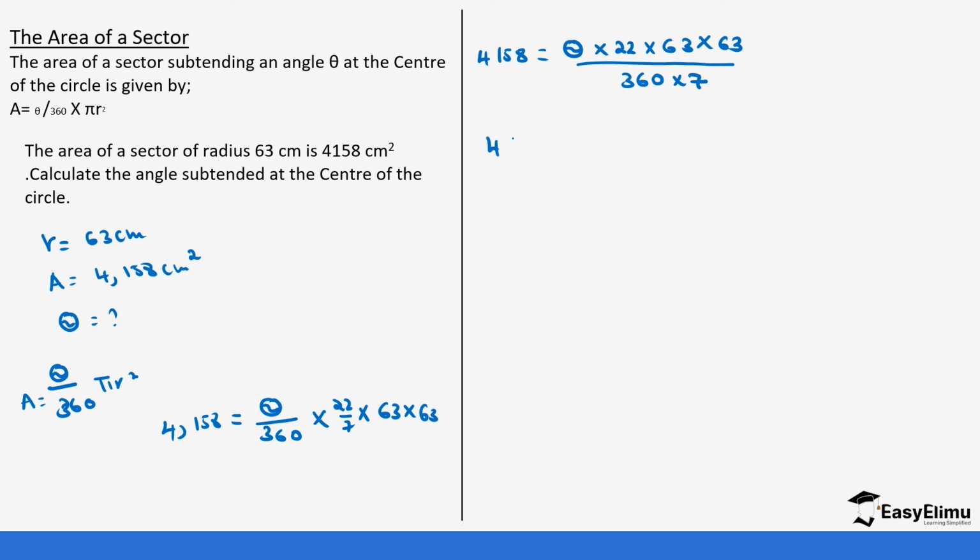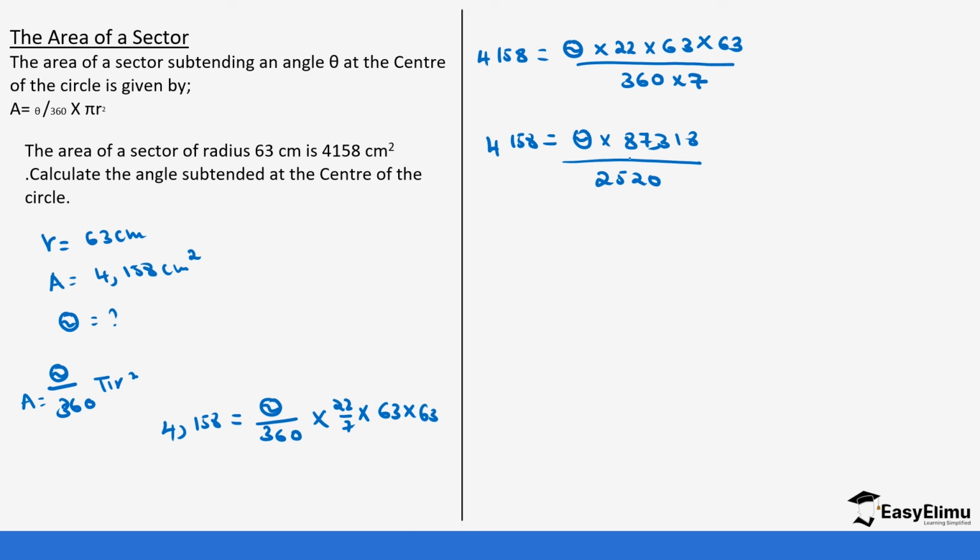So 22 times 63 times 63 gives us 87,318 times the angle, over, when you do 360 times 7, 2,520.